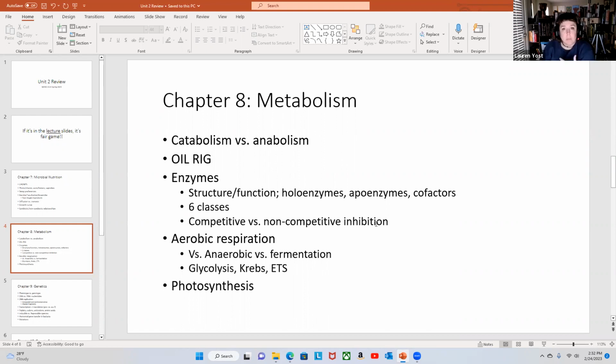Then we also have fermentation. Typically in aerobic respiration and full-blown anaerobic respiration, we have a glycolysis step, a Krebs cycle or citric acid cycle, and the electron transport chain. And most of your energy is being made in the electron transport chain, by the way. Your fermentation really only goes through glycolysis.